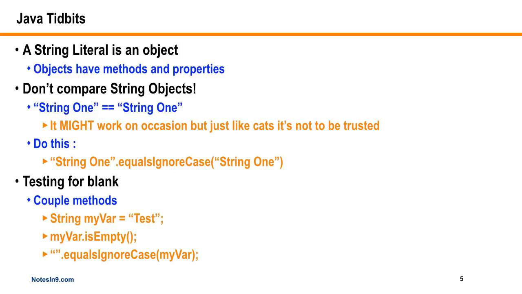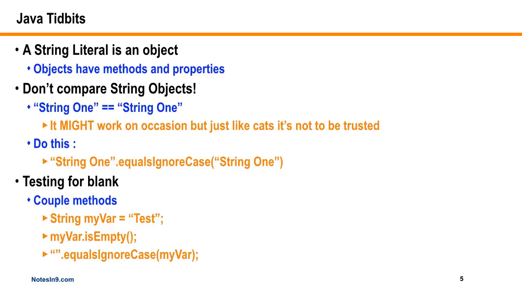If you look at Java, when you have a string literal in Java, you have to remember that is an object. And all objects have methods and properties. So you typically don't want to compare objects to themselves, because even a string object might be different. If you say string one equals string one, quite honestly, I don't know if that works in Java or not, but it most likely will not work in every situation.